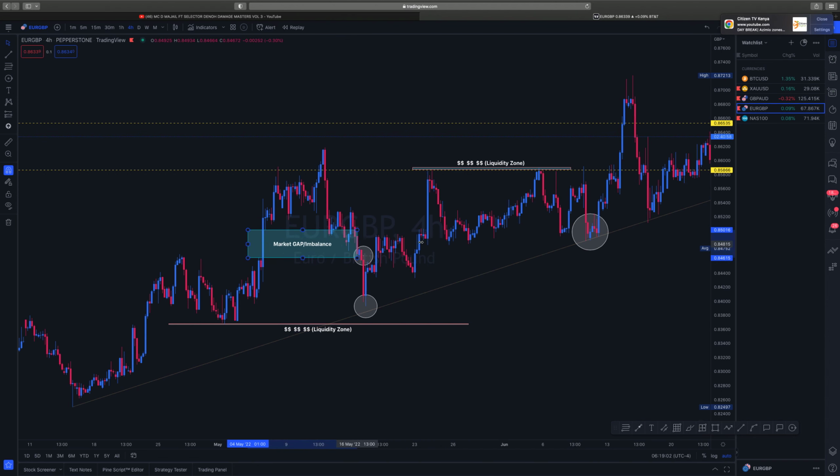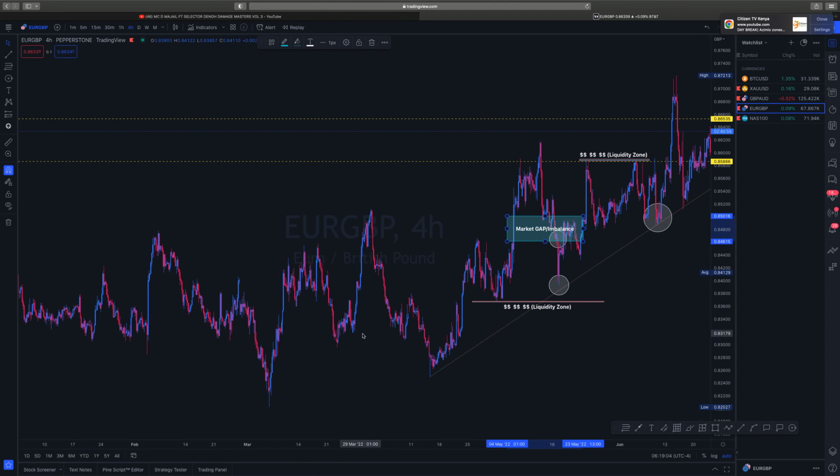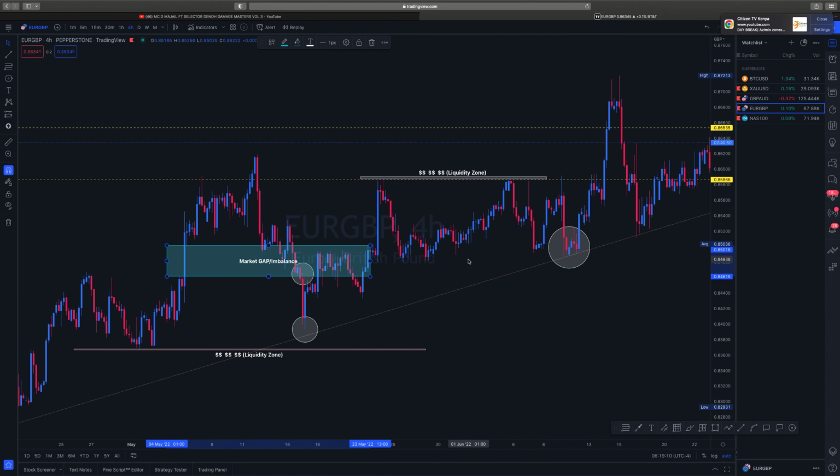The same applies to this gap. Someone who entered this trade, let's say from here, this is too far. If that was the gap, someone who entered this trade from around here, it will have taken them a long time to reach the value area, which was this market gap.